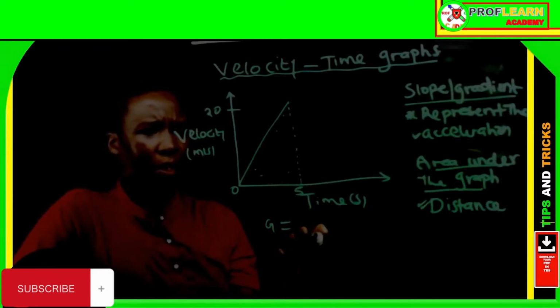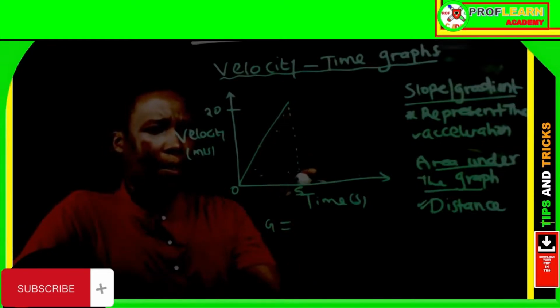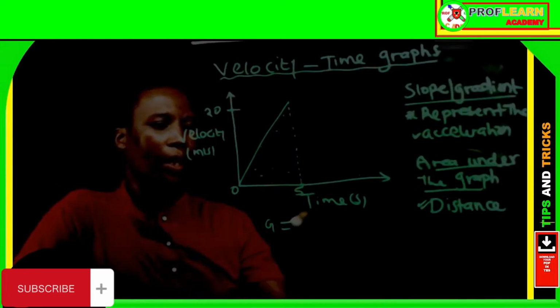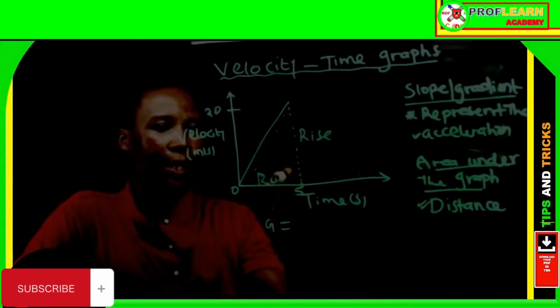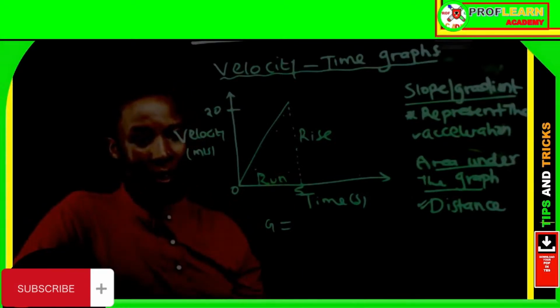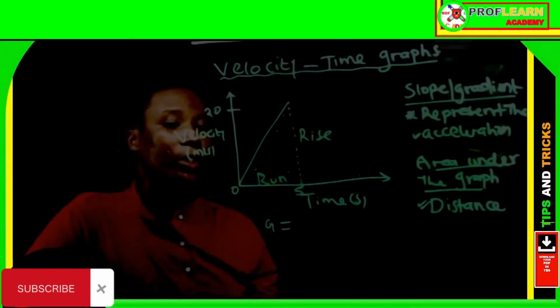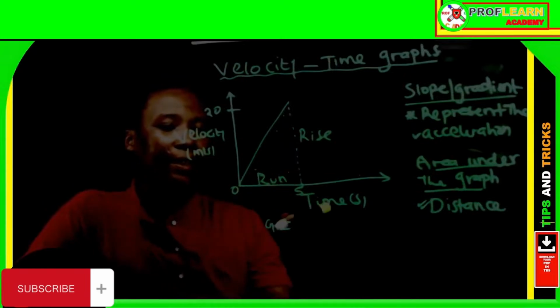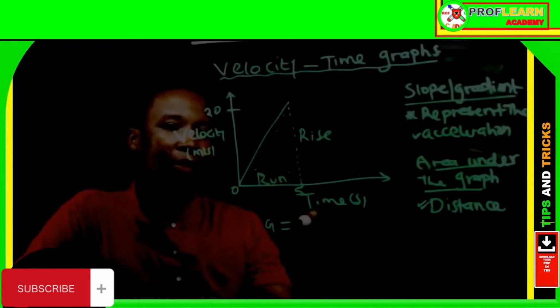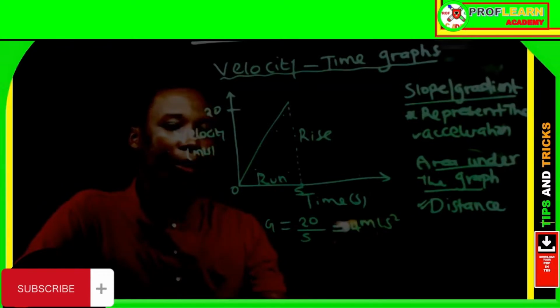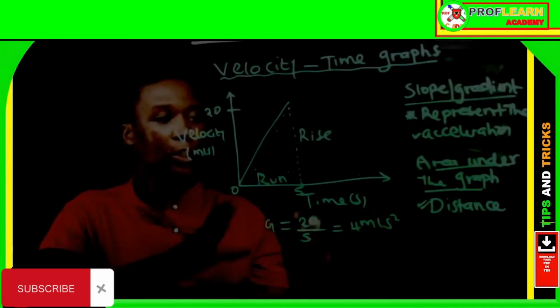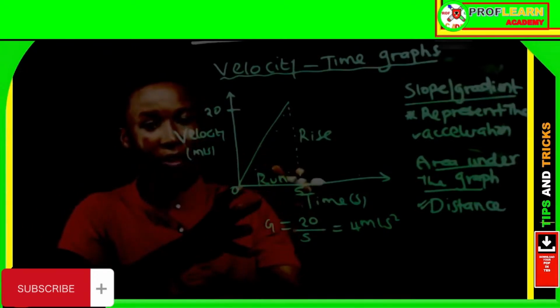For you to work out the gradient, you use rise over run, which is 20 over 5, and this is 4 meters per second squared. So the acceleration of this object is obtained from the gradient of this line.